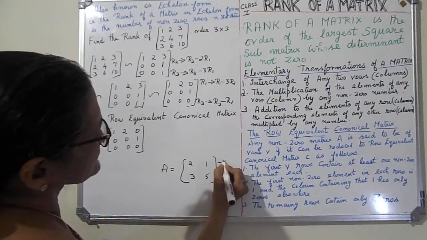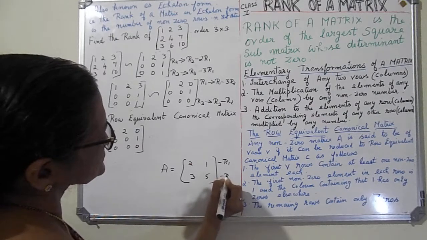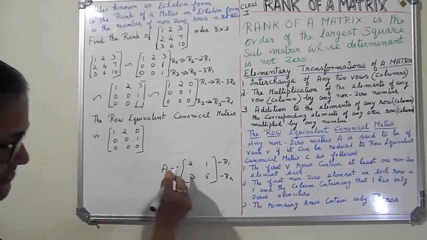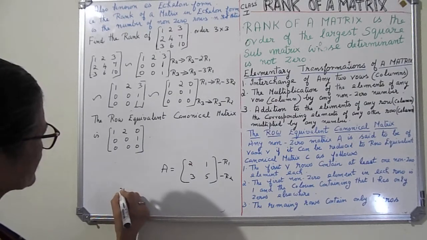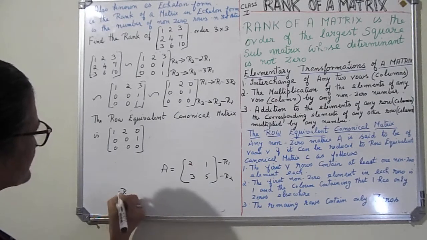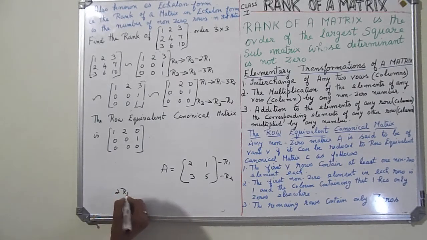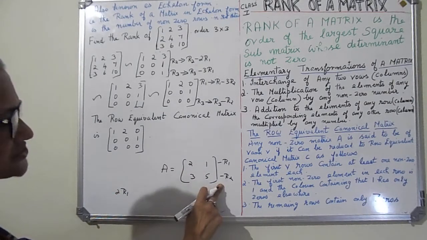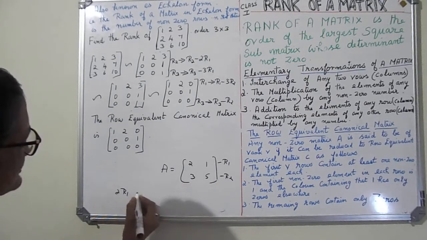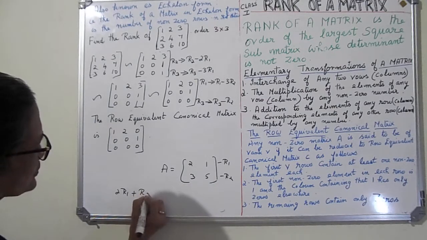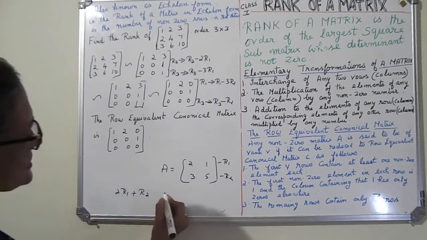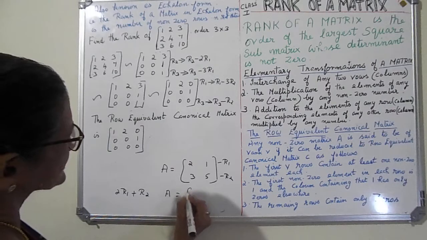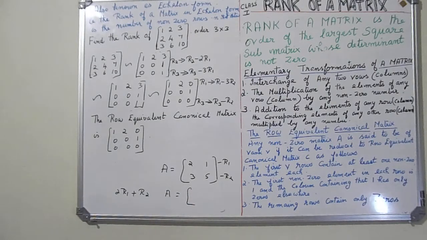First row is R1, the second row is R2. I can multiply the first row by any scalar, that is R1 multiplied by 2, 2R1. And this 2R1 can be added to the second row. That will give 2R1 plus R2. Therefore, the transformation performed on the second row is R2 becomes R2 plus 2R1.